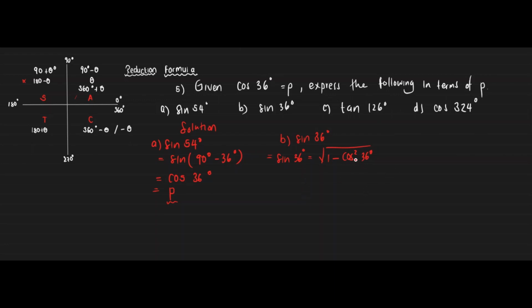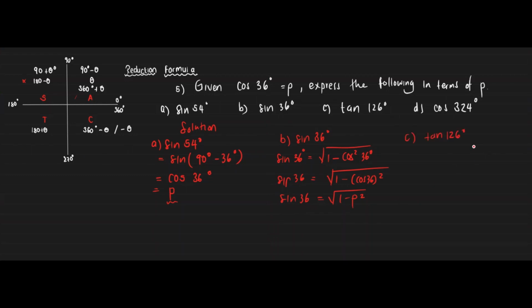So we're going to say sine 36 is equal to the square root of 1 minus open bracket cos 36 degrees all squared, and we're going to replace the cos 36 by p. So it's going to be sine 36 degrees is equal to the square root of 1 minus p squared, and this will be your final answer.